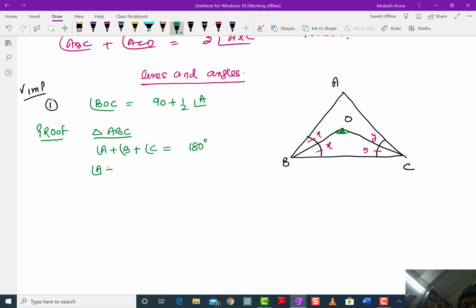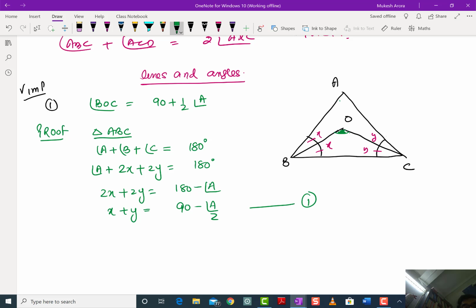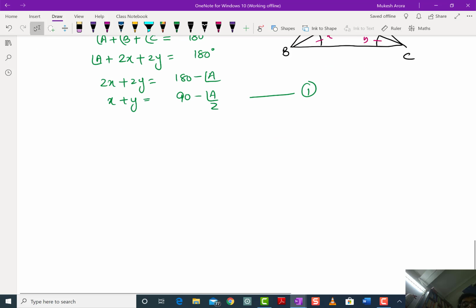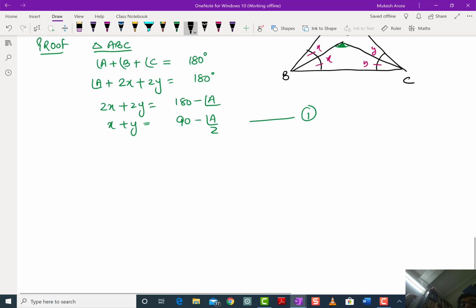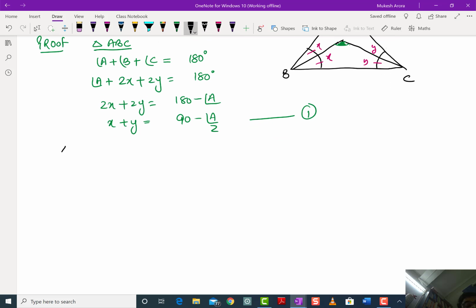Angle B we can write as 2x, angle C as 2y, so 2x plus 2y is equal to 180 minus angle A, or x plus y is equal to 90 minus A by 2. This is 1. To get the answer, we have to find x and y from triangle BOC also.